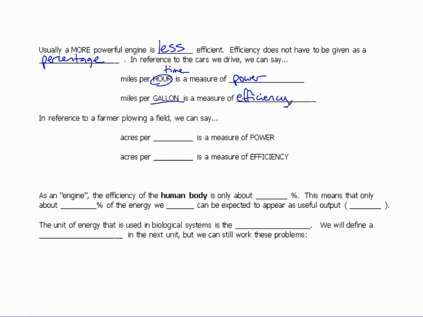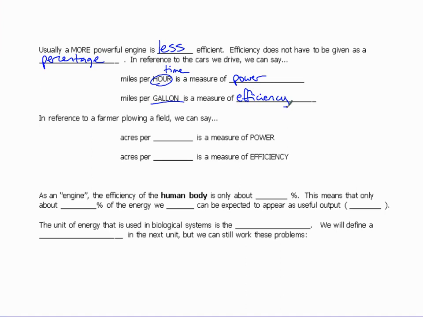And usually these two are kind of at odds with each other. A more powerful engine, like let's say a Dodge Challenger, a very powerful engine, not very efficient. If you compared that with something like a Honda Civic, you have less power, more efficient. And so they're indirectly related usually. It's uncommon to have a very powerful car that is very efficient.